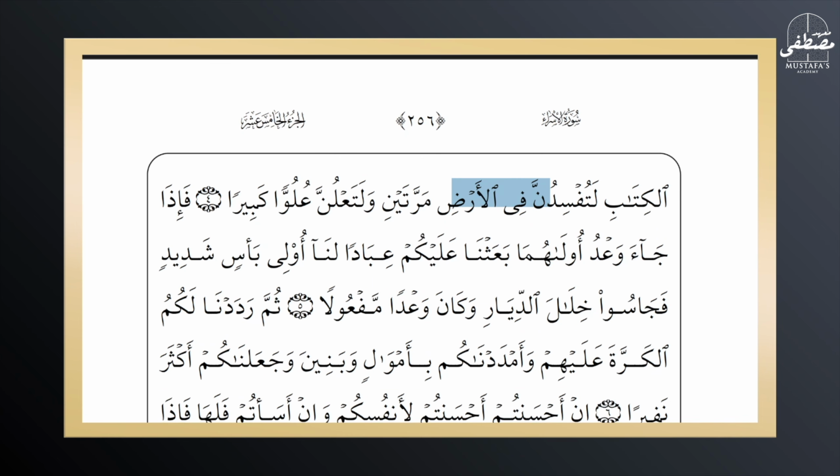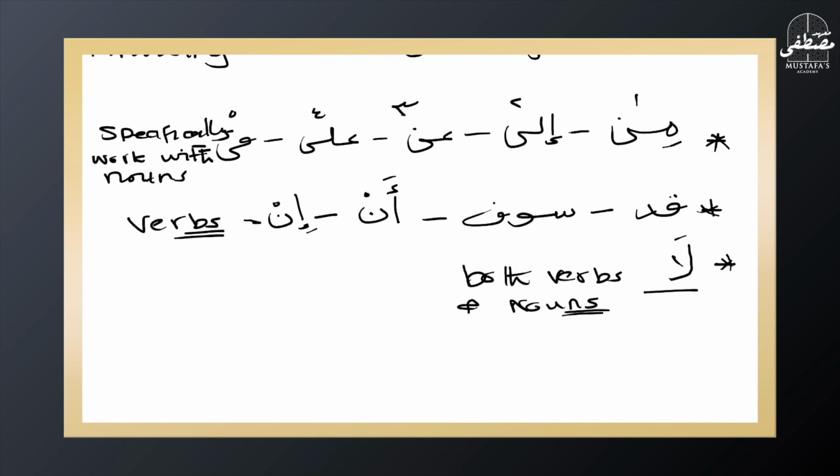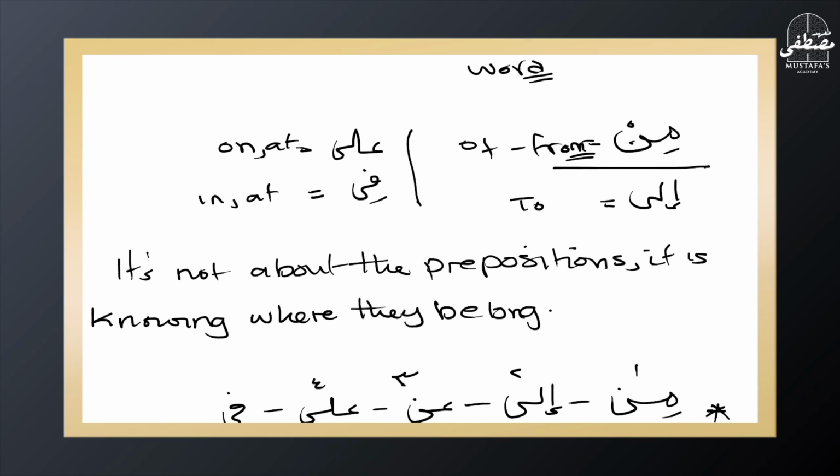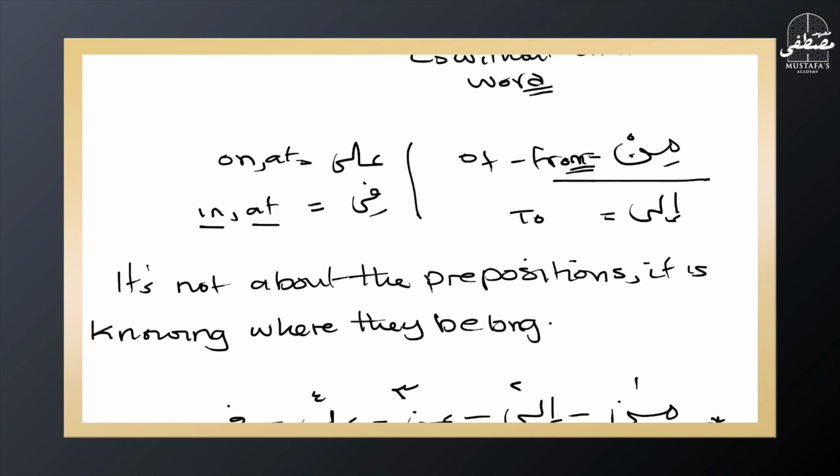في الأرض. Now في is the preposition that you saw on the whiteboard. Look over here. This is fi. Let me wipe this out so you can see properly. في, as we said up here, means in or at.